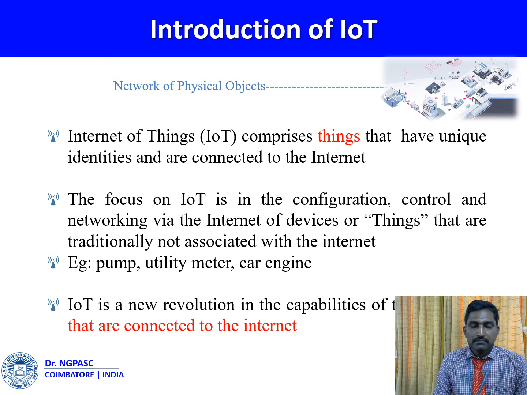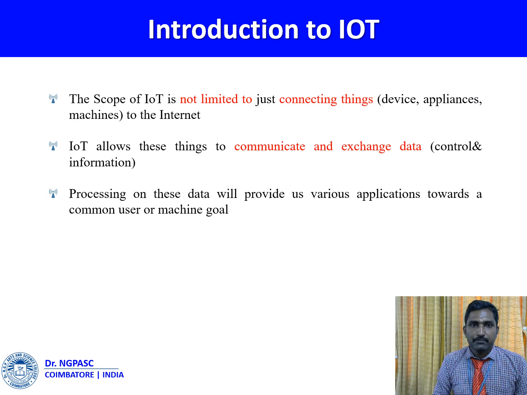So here the IoT is a new revolution, right? The new revolution is how they're connected to the internet. Still, the scope of the IoT is not limited to just connecting things like devices, appliances, machines to the internet.